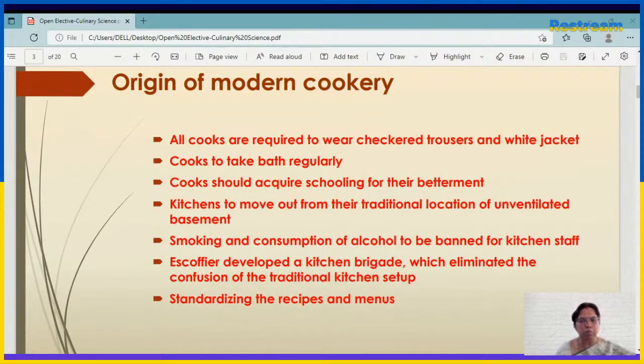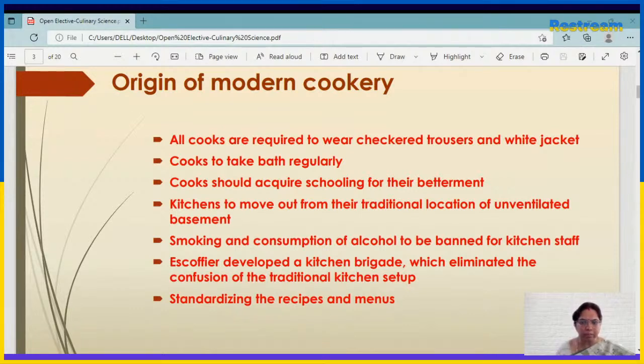So there was a little movement in the culinary arts towards making us a chef. Today we have so many hotels, so many types of foods, so many varieties of foods, and each stage, each person gives his own talent or science to this culinary food science.